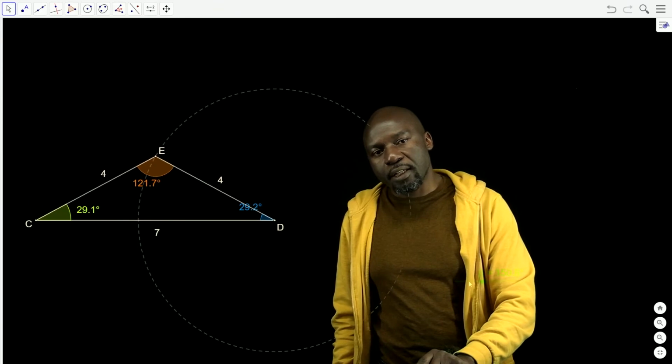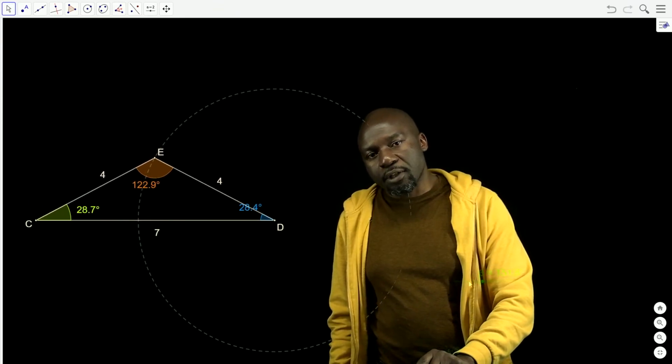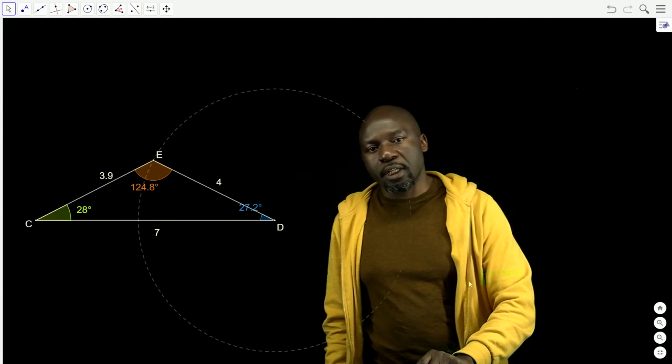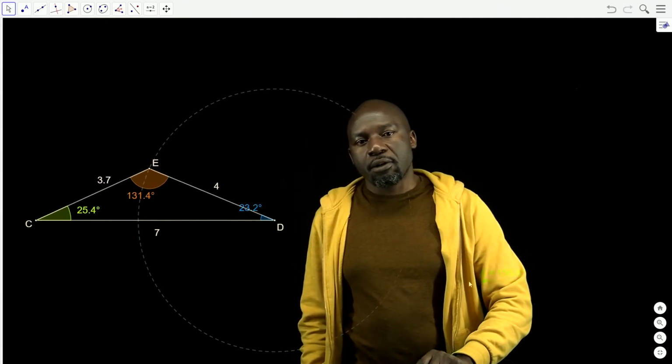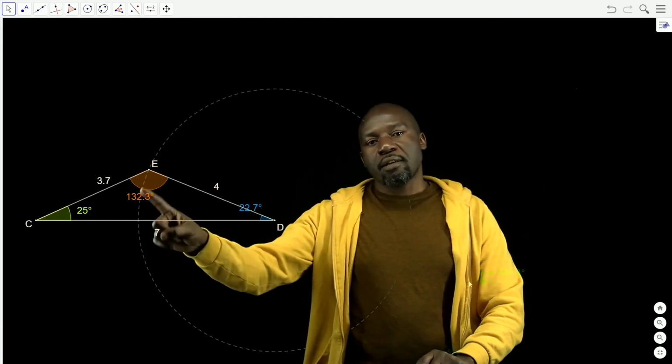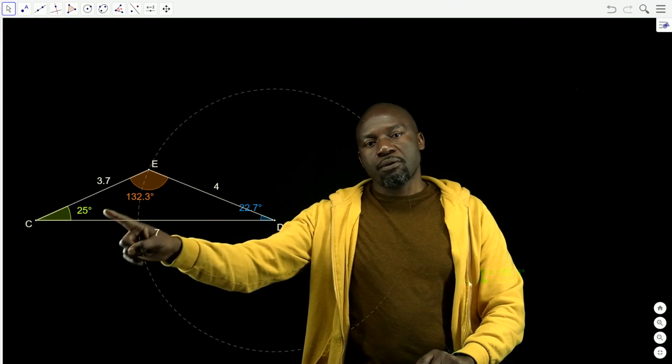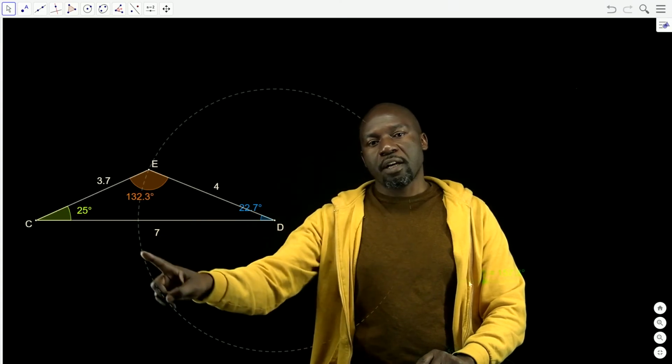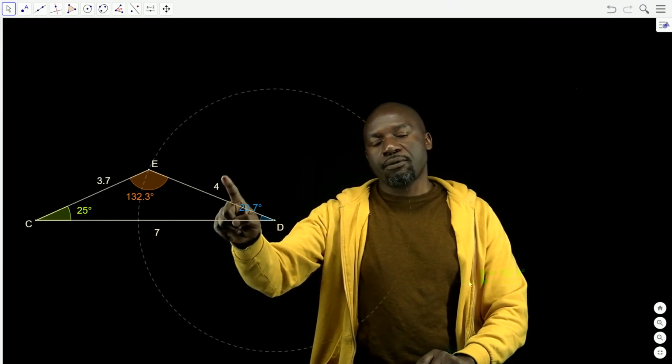When is that? So that's 28, 27, and there is a point when it becomes 25. So clearly there is another value of angle E for which this is 25, this is 7, and this is still 4.